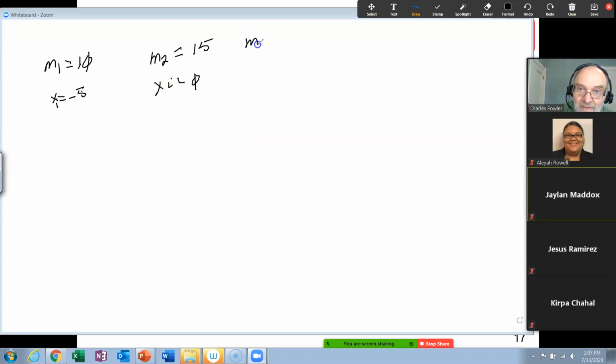M sub 3 here has a mass of 5, whatever the units are, and x sub 3 is equal to 4 units.